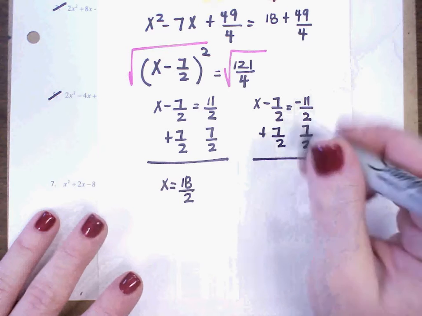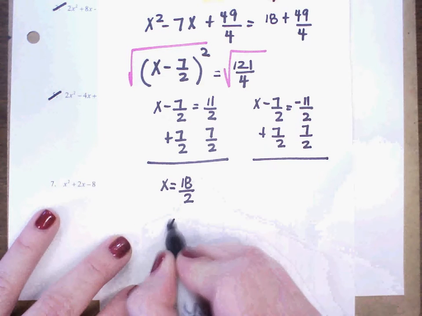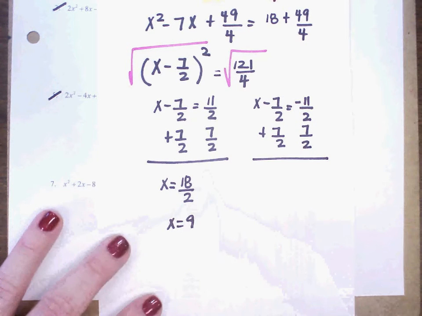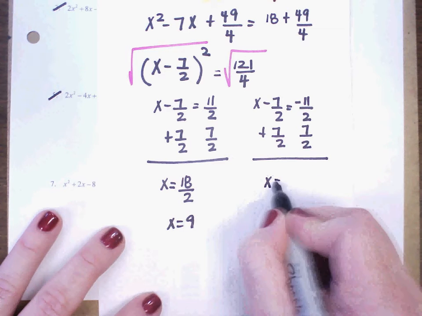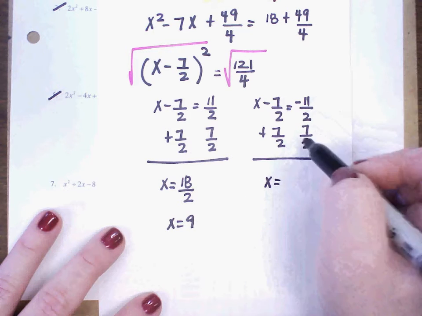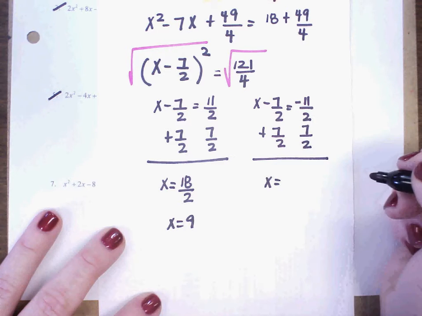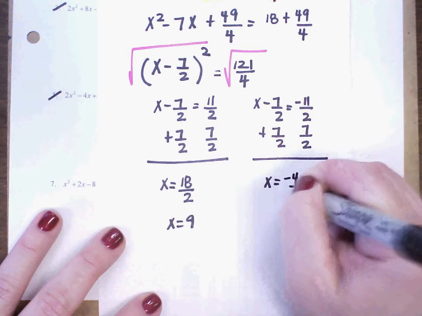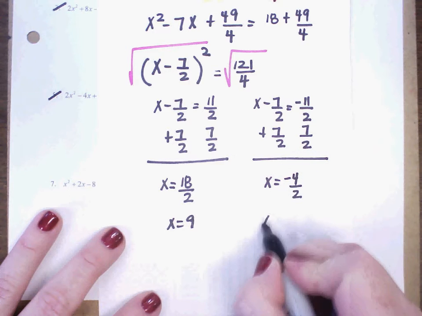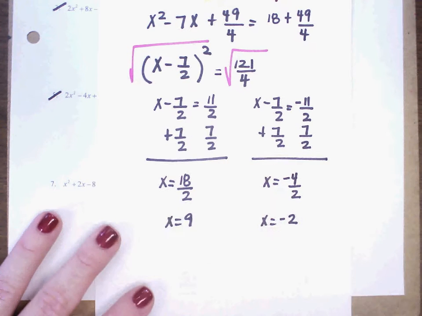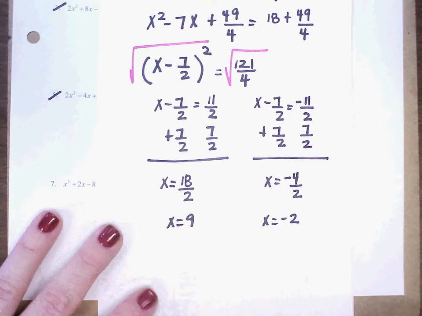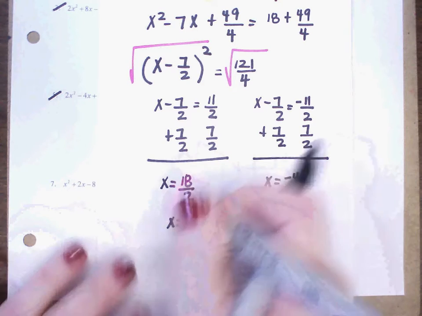We should know how to add fractions. 11 plus 7 is just 18 and you keep the 2, correct? Negative 11 halves plus 7 halves. Negative 4 halves, which would be negative 2.